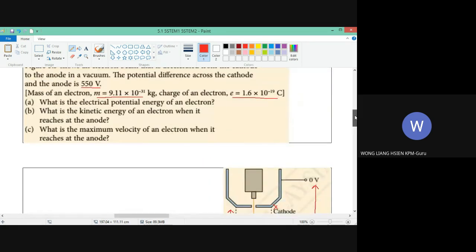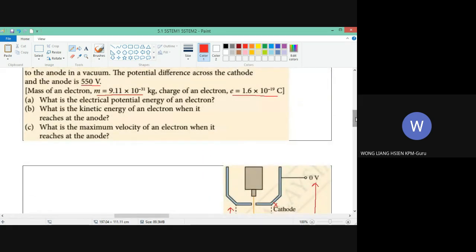Okay, so A, what is the electrical potential energy of an electron? You can calculate with the equation E equals to eV, energy equals to eV.